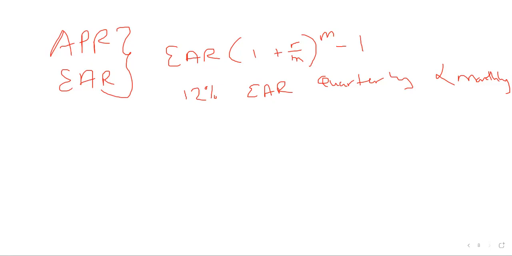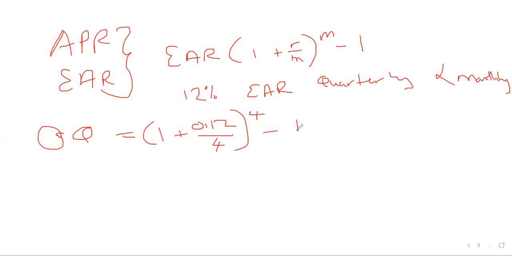So in this case, we want to calculate the actual end investment. So it has nothing to do with time there. If we're dealing with a quarterly basis, our effective annual rate will be 1 plus 12%, quarterly, we're going to put a 4 there, and the power 4 minus 1.